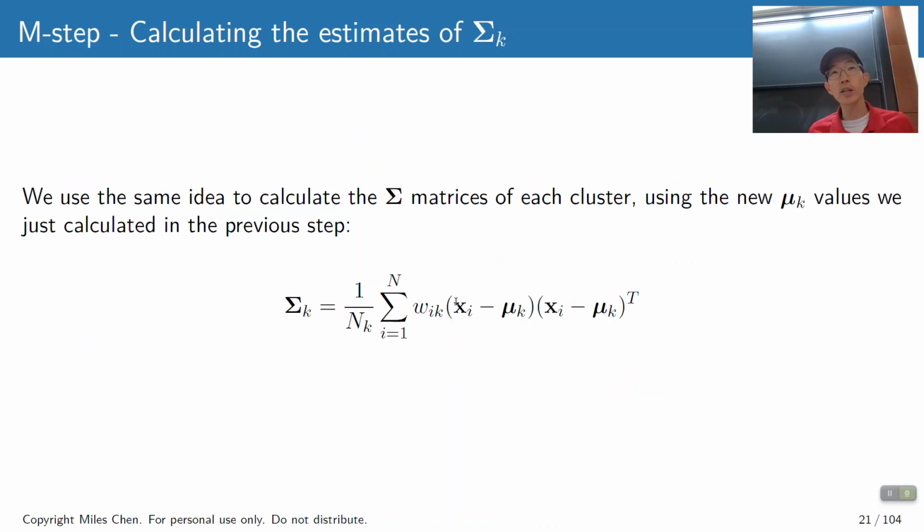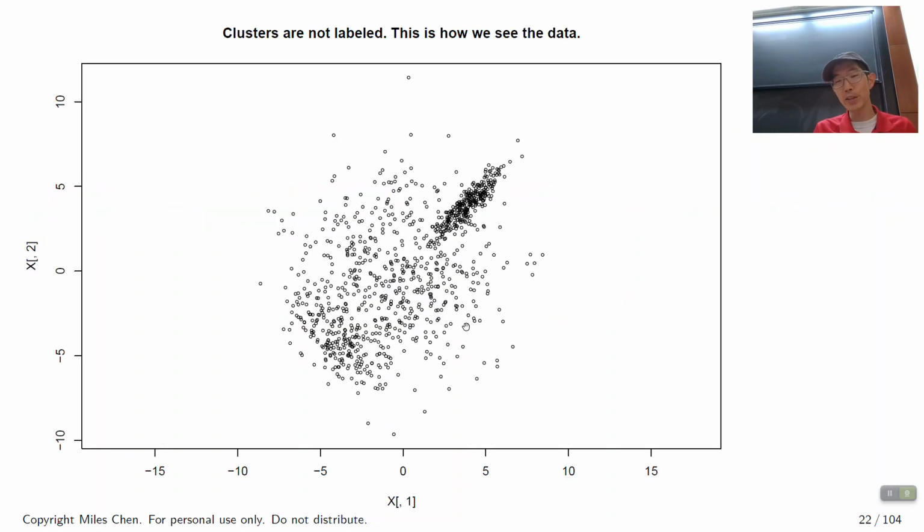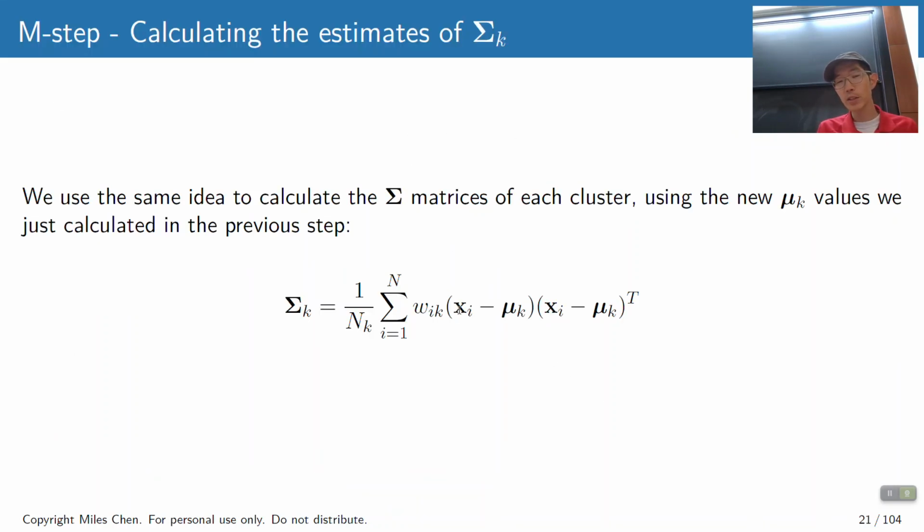Similarly, to calculate your variance, we're going to have a weighted variance. So if I just got rid of this thing, we would just have the variance. The variance covariance is x minus mu times x minus mu transpose divided by n. I guess the unbiased version is 1 over n minus 1, but here we're going to just use the weighted version.